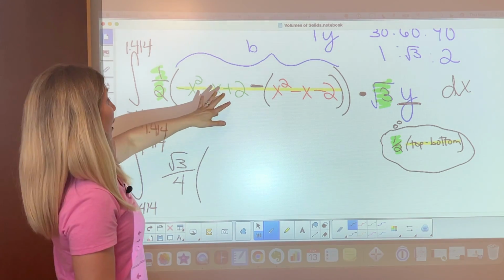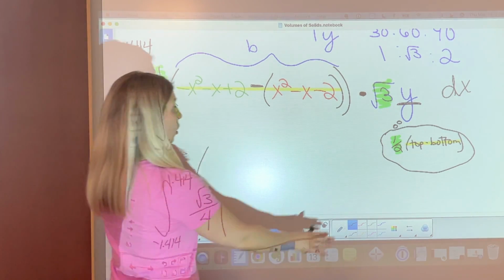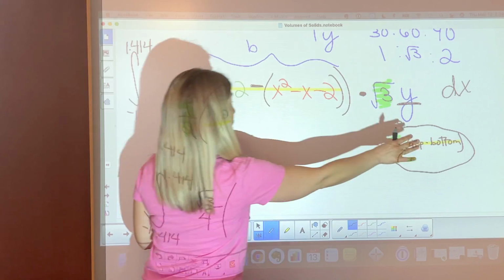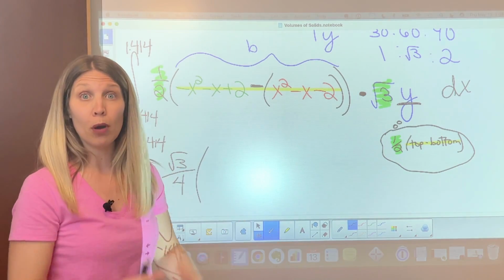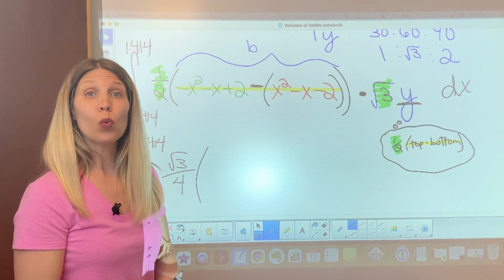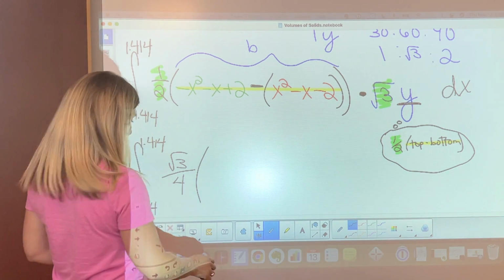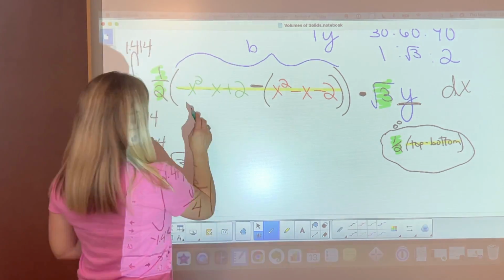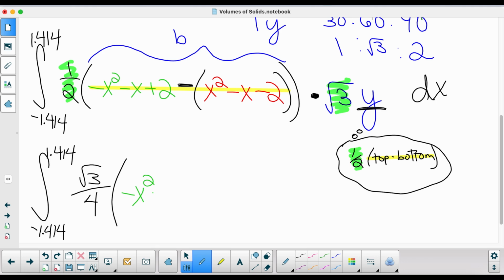Parenthesis. This piece highlighted in yellow and this piece highlighted in yellow are exactly the same, and we're going to multiply them so we can just square it. So negative x squared minus x plus 2 minus x squared minus x minus 2.